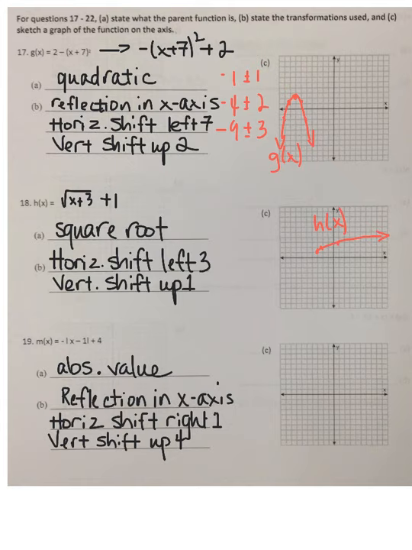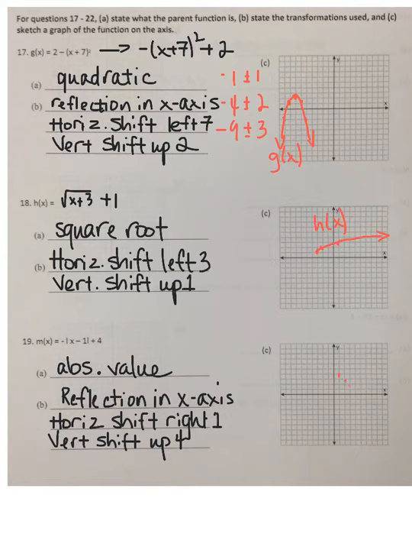Okay, so that means that my point on my absolute value is going to be right there at (1, 4). And then remember that the slope of each part of your absolute value is going to be +1 and -1. And also remember that we're reflecting in the x-axis.